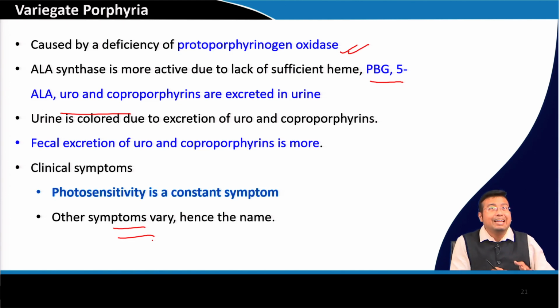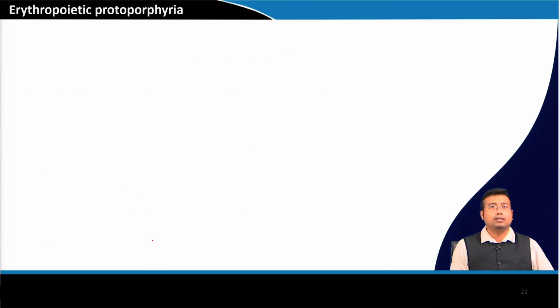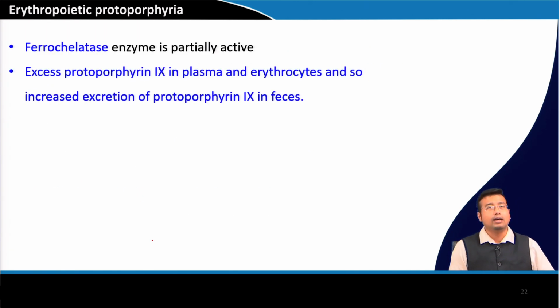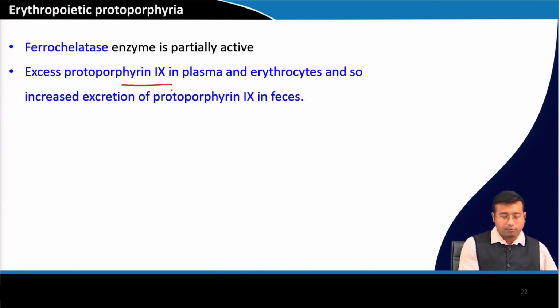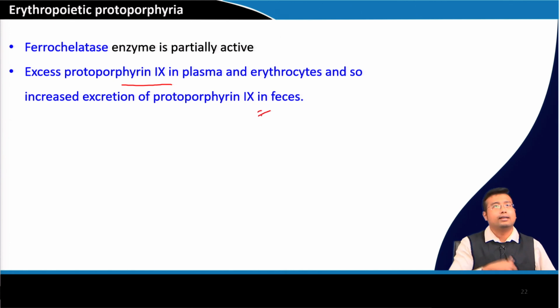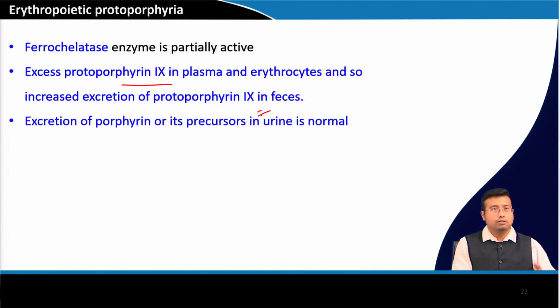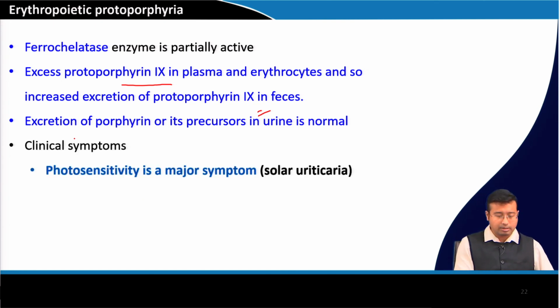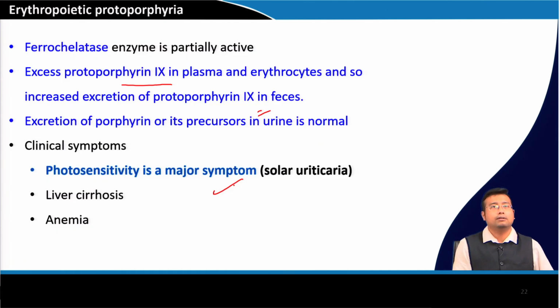Therefore, this porphyria was named variegate, that is, differential symptoms. Again alcohol and other drugs can aggravate the condition. And lastly, erythropoietic protoporphyria, due to deficiency of ferrochelatase enzyme, there is excess protoporphyrin 9 and again excretion of protoporphyrin 9 in feces, and other precursors in the urine are normal, right. Clinical symptoms again photosensitivity, major symptom, liver cirrhosis, anemia, right.